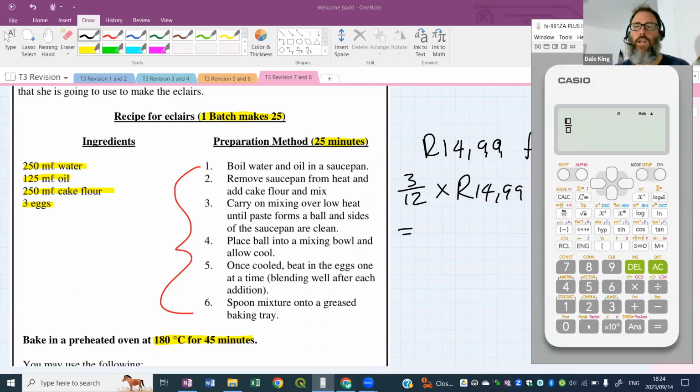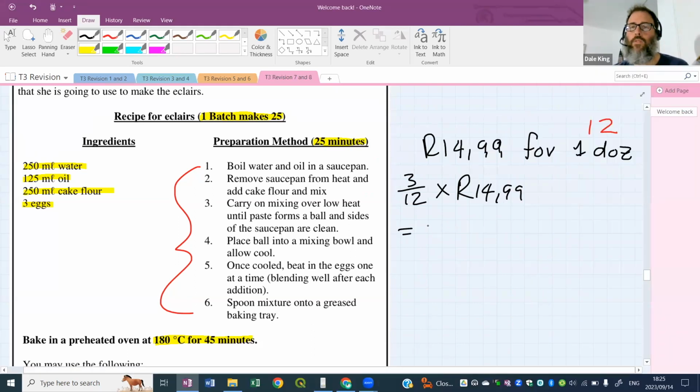There's 3 out of 12 that I need for my recipe, so I need 1/4 of a dozen. So what's 1/4 of $14.99? 3.75. All right, that's one way of doing it.